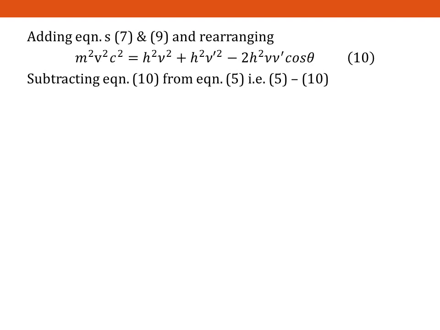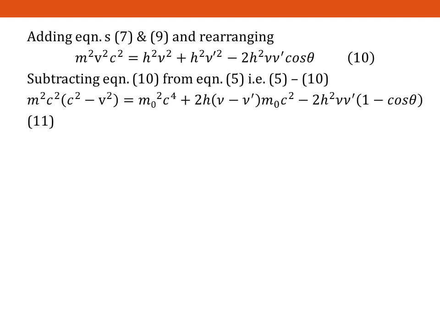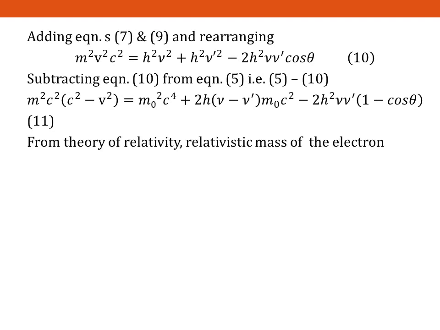This equation 10 is now to be subtracted from the earlier obtained equation 5. On subtraction, we have m²c²(c² − v²) = m₀²c⁴ + 2h(ν − ν′)m₀c² − 2h²νν′(1 − cos θ). This we call as equation 11.